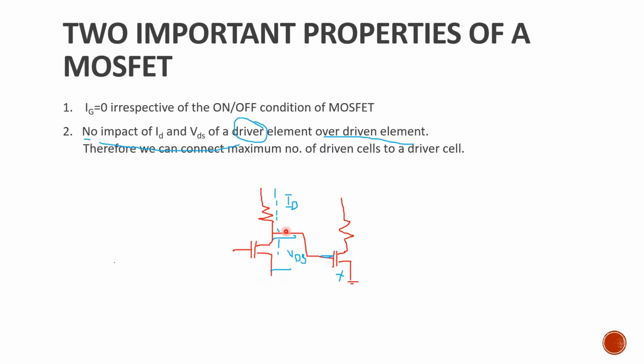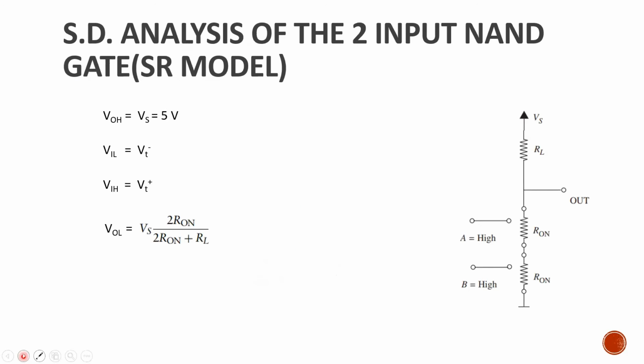Remember guys. Now, let's see the two input NAND gate. You can see here guys, VOH is Vs, 5 volts, VIL is VT minus, VIH is VT plus only. The only one thing that is different is VOL, which is Vs into 2R by 2R plus RL, because in the NMOS inverter NAND gate, the NMOS cells are connected in series.